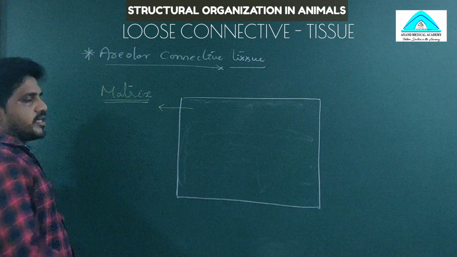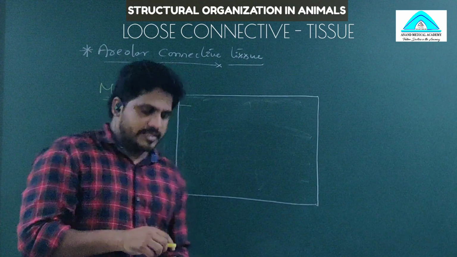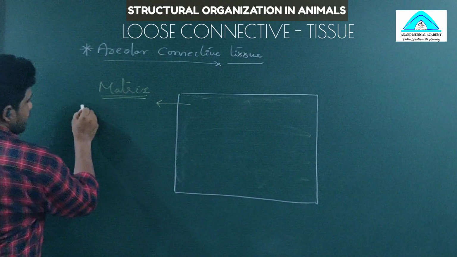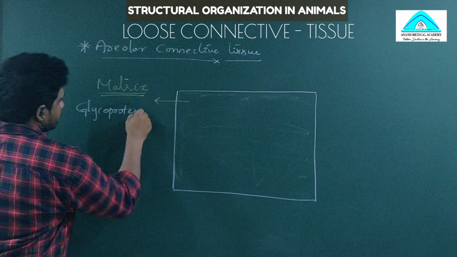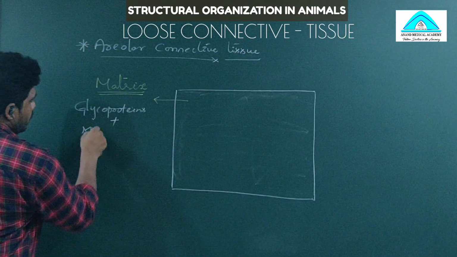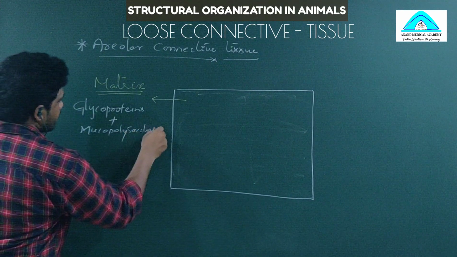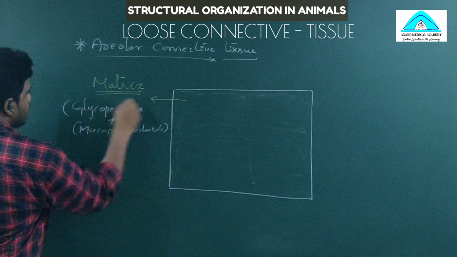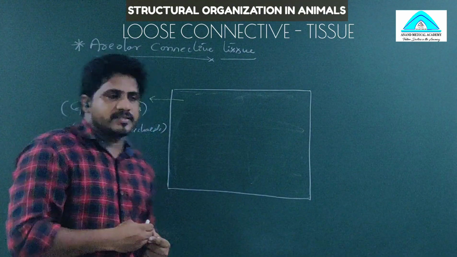As areolar connective tissue is a type of loose connective tissue, more matrix and fewer fibers and cells are arranged in it. Matrix is made up of glycoproteins plus mucopolysaccharides. Polysaccharide means carbohydrate components. So glycoproteins and mucopolysaccharides together form matrix.